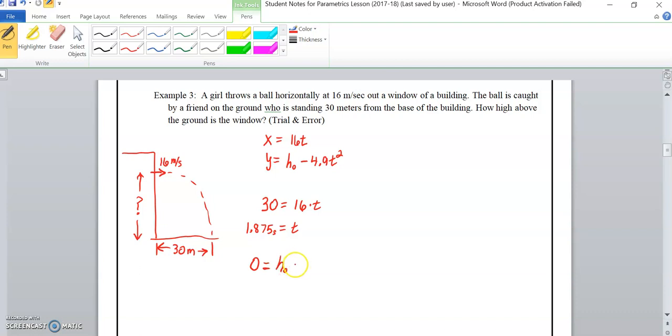We want to say our h naught minus 4.9 t squared, but now we know t. This is going to allow us to find our h naught. So let's plug this in.